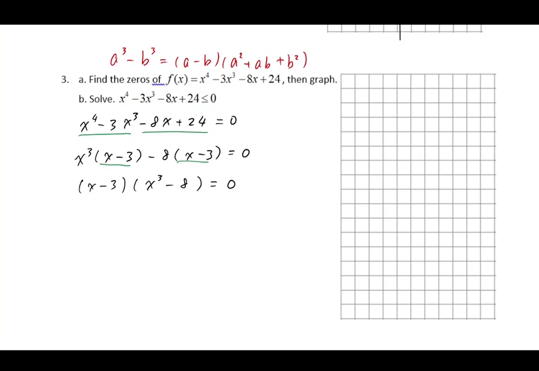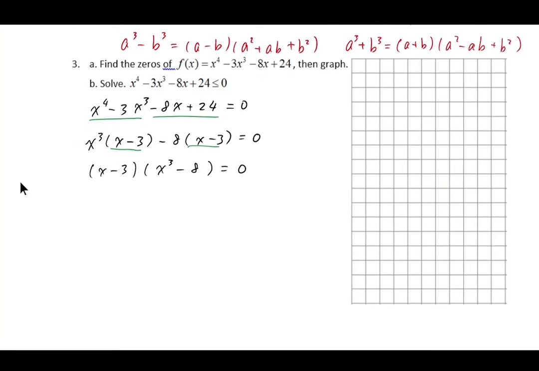The other one is its sister, a cubed plus b cubed. See, for the difference of cubes, a squared plus b squared didn't factor, but this one does factor. And this one turns out to be a plus b, and then a squared minus ab plus b squared. Okay, you might want to note these two.